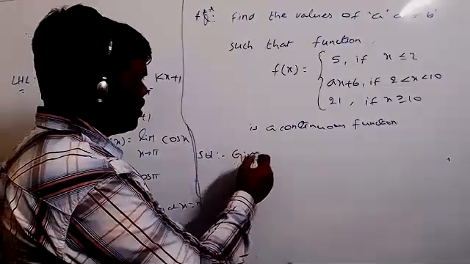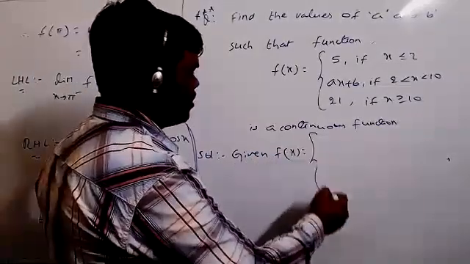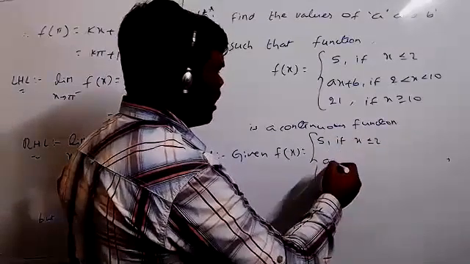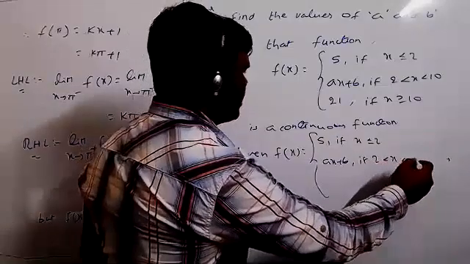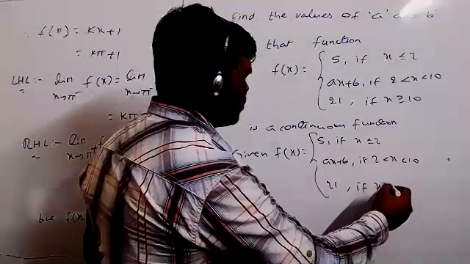Given f of x equal to 5 if x is less than or equal to 2, ax plus b if 2 is less than x less than 10, and 21 if x is more than or equal to 10.